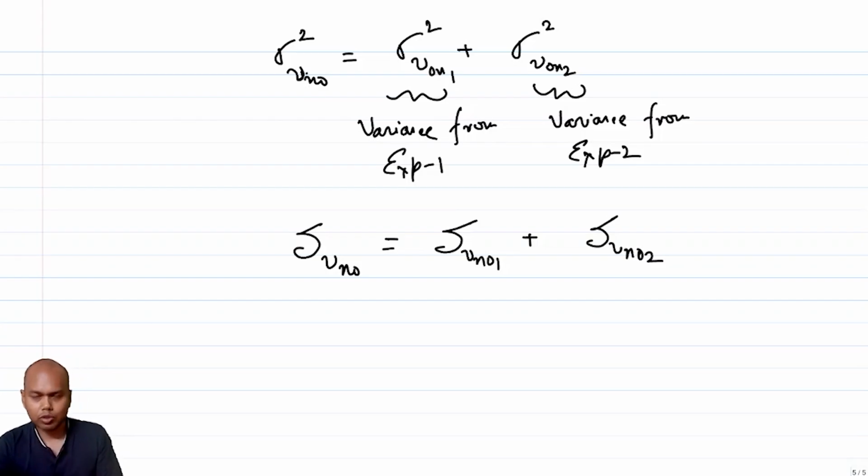If you have n noise sources, you sum up the contribution of power spectral densities from each of those noise sources.